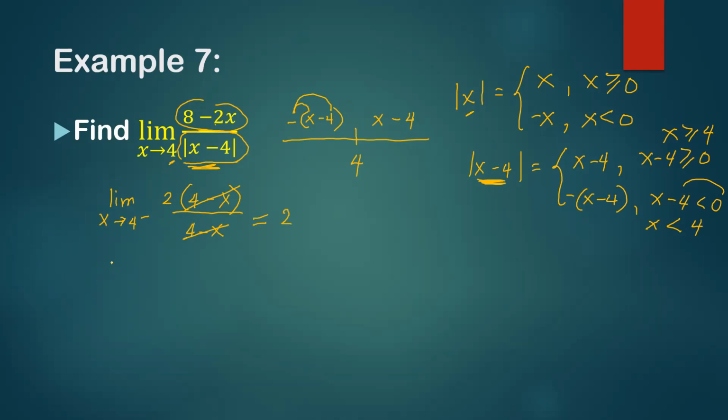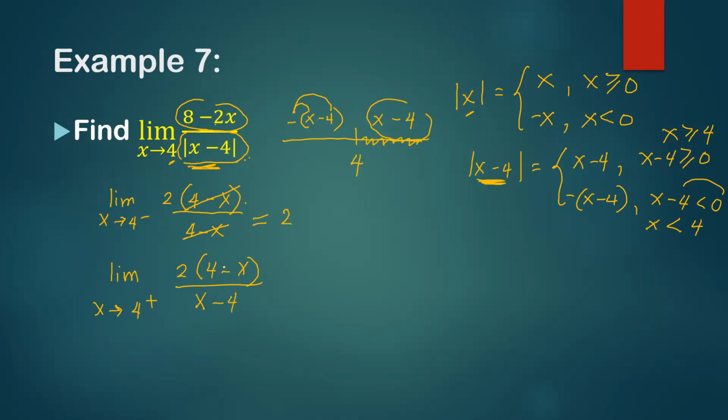What about if we have the limit as x approaches 4 from the right of the same function? The 8 minus 2x we factored, because it's in the form 0 over 0. That's why we did some factoring. So the factors are 2 times 4 minus x. But the piecewise function will be replaced by this, because we're considering values of x that are greater than 4. So we have x minus 4 here.